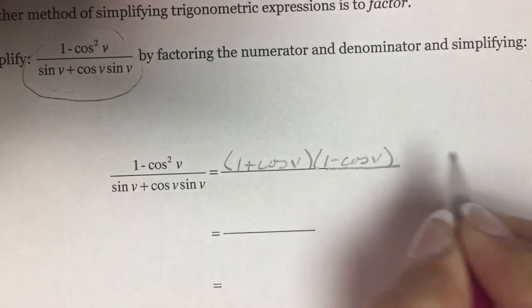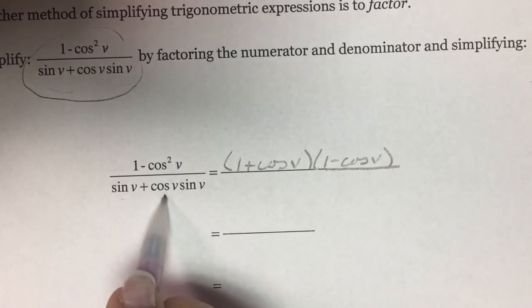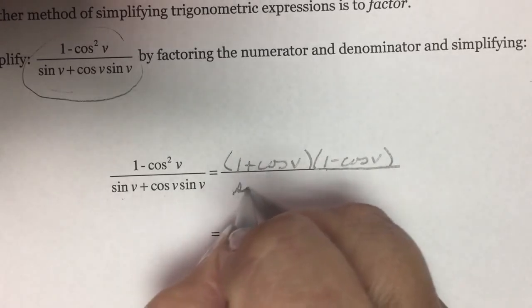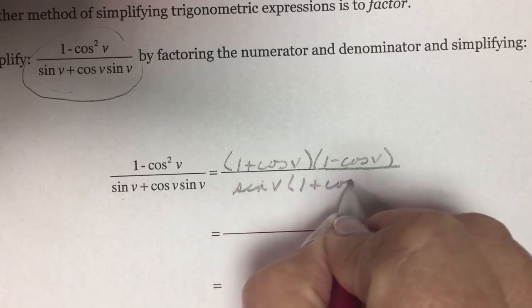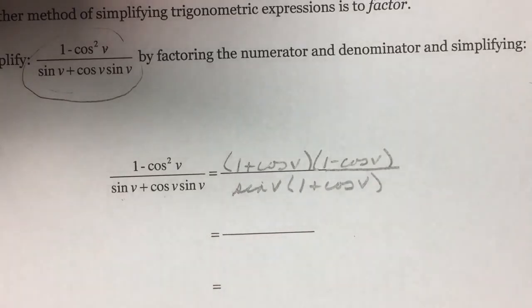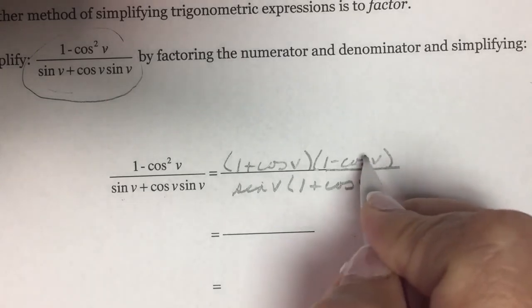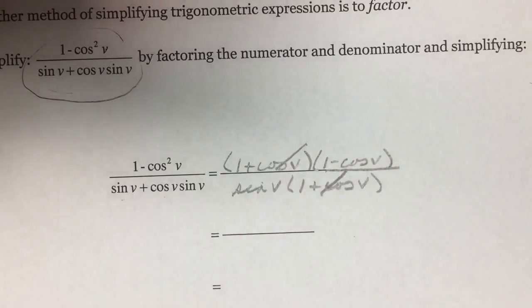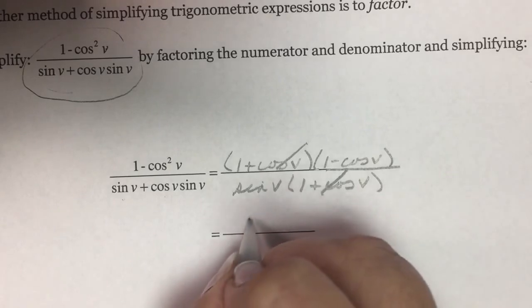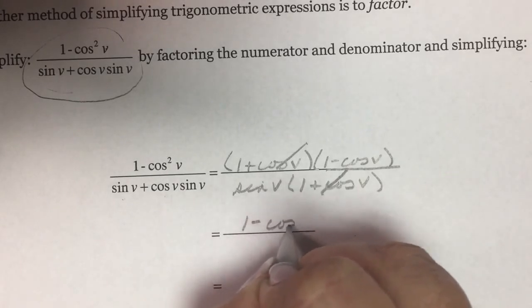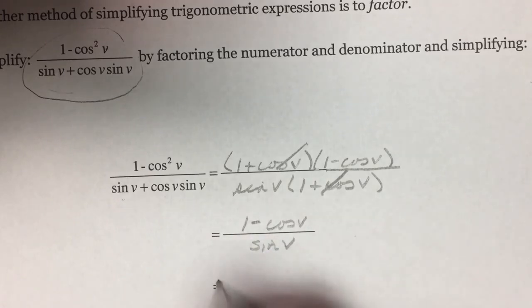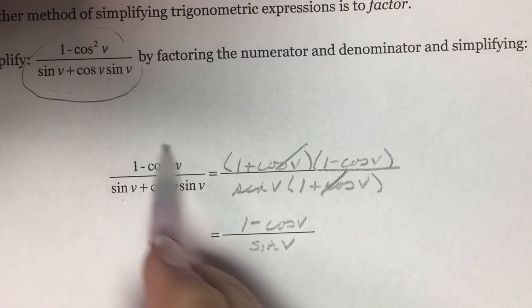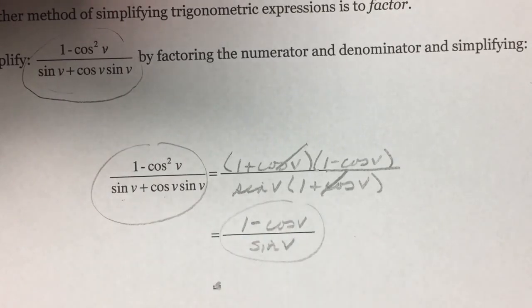The bottom, I can factor by taking out a sine v as a common factor, which would give me 1 plus cosine v. You can see that the 1 plus cosine v's are going to cancel. So I end up with 1 minus cosine v on the top over sine v. We have simplified this trig expression to look like this.